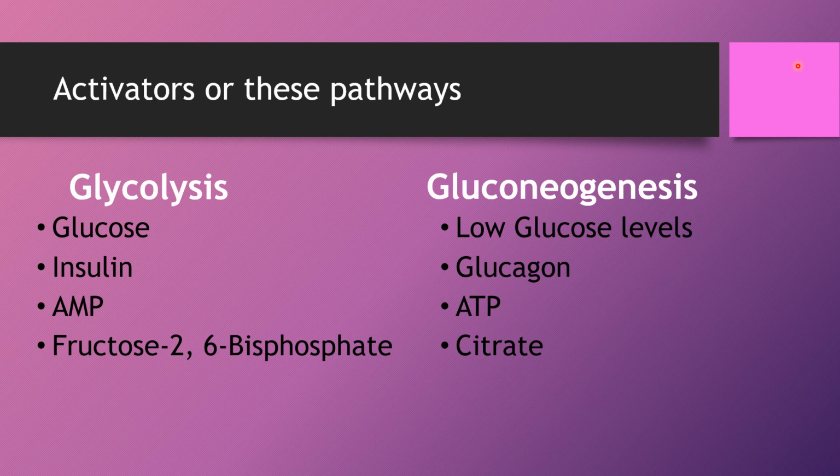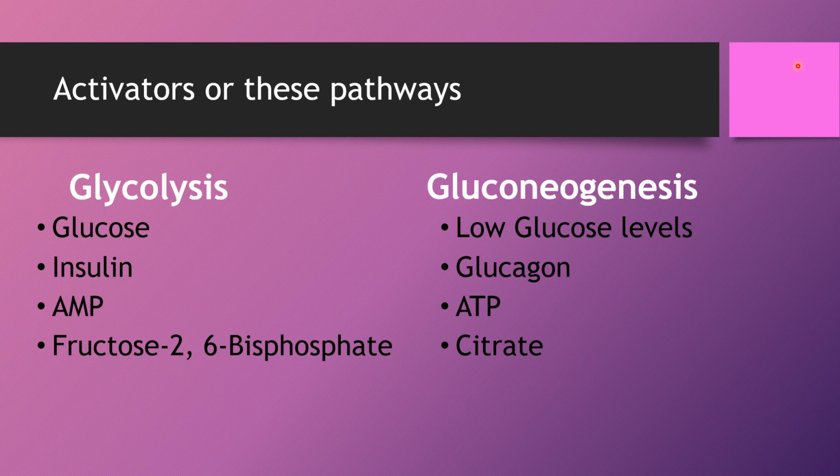And it's the opposite of insulin, of course. Insulin has the high sugar levels, which activate glycolysis. With glucagon, it's the opposite. You have low glucose levels, so the low glucose levels go hand in hand with the glucagon in gluconeogenesis.